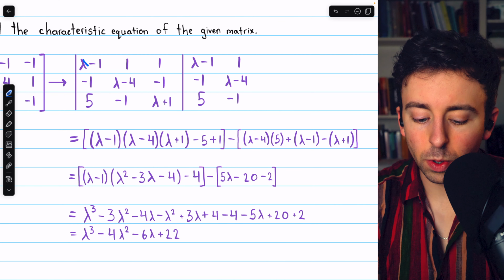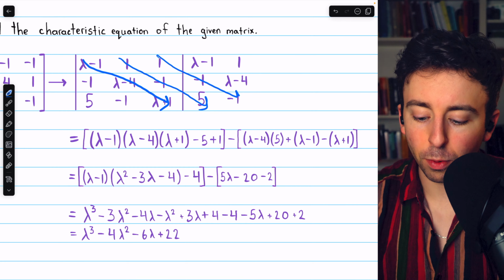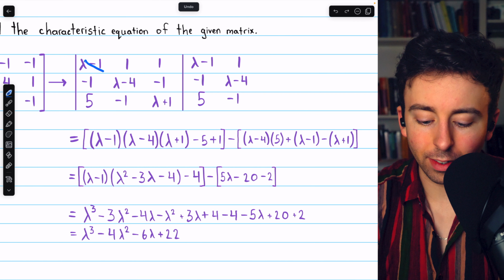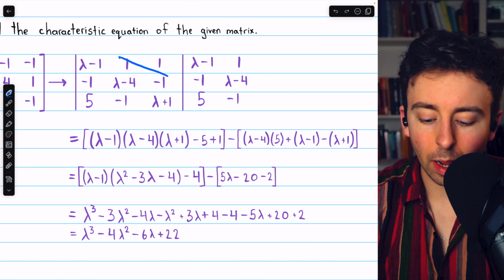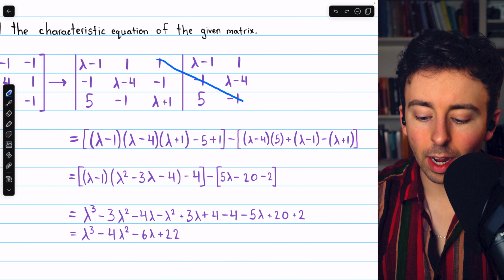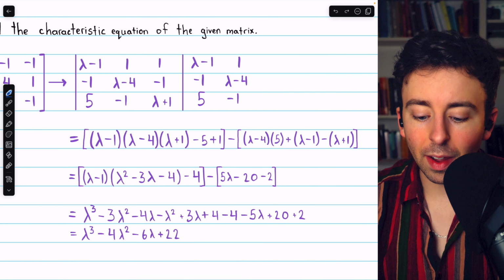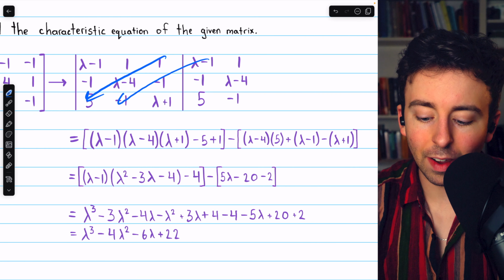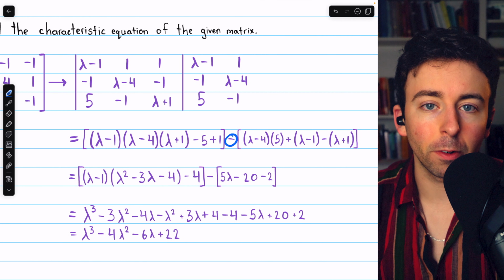The first thing we do is multiply along these rightward diagonals and add those products together. So we can see all the lambda terms multiplied together here, and then 1 times -1 times 5 gives us that -5, and then 1 times -1 times -1 gives us the +1. Then we have to do the same thing with the leftward diagonals, but we are going to subtract their sum.